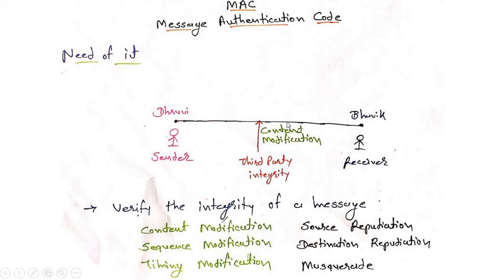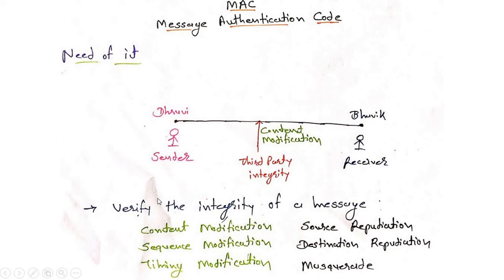Because maybe there is a possibility from the channel of integrity violation, hacking, or modification by malicious users. So Bhavik has no authentication that the message was sent by Dhruvi, or that an accurate message was sent by Dhruvi. So Bhavik will use the message authentication code to check the authenticity.